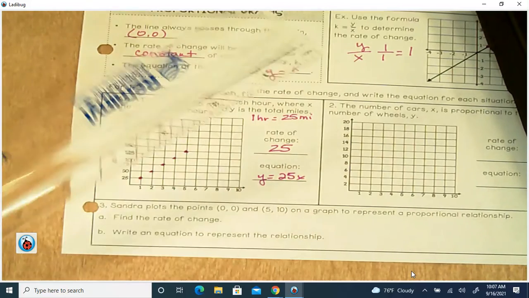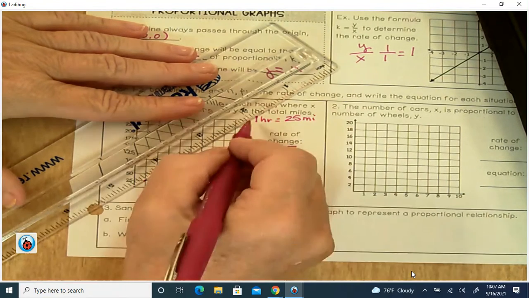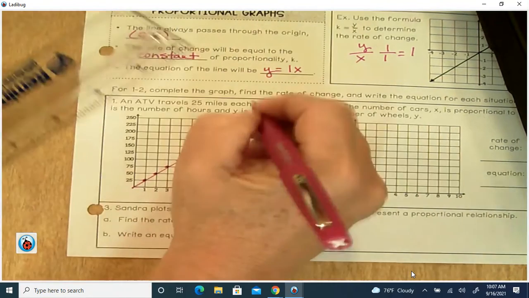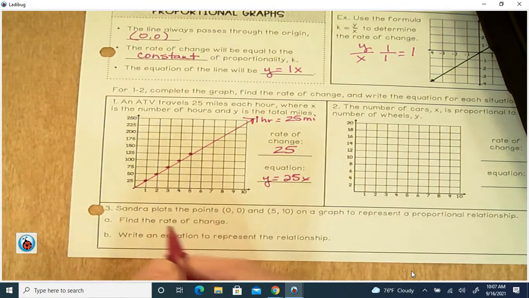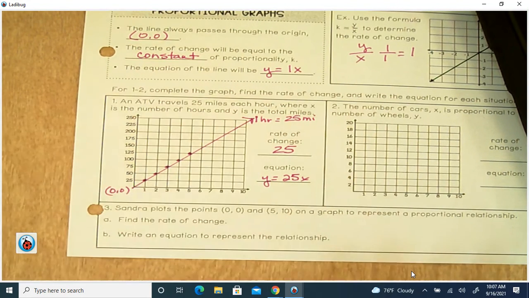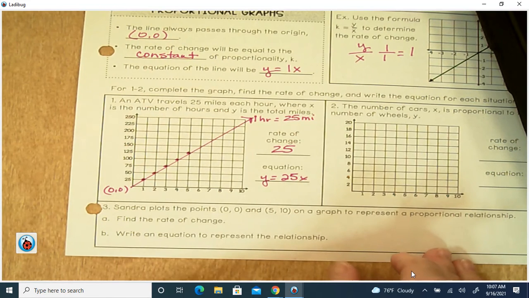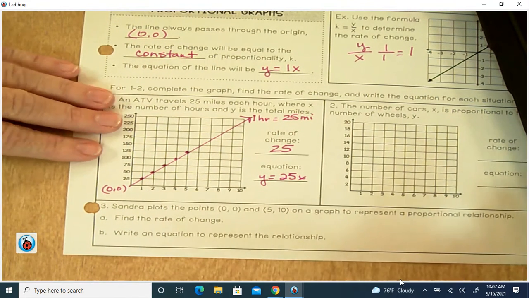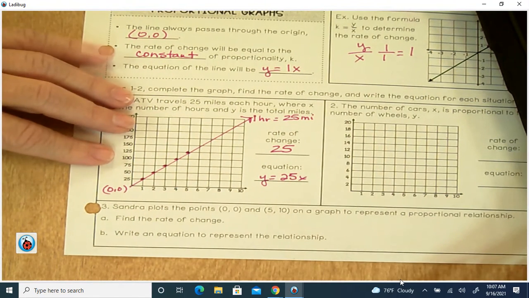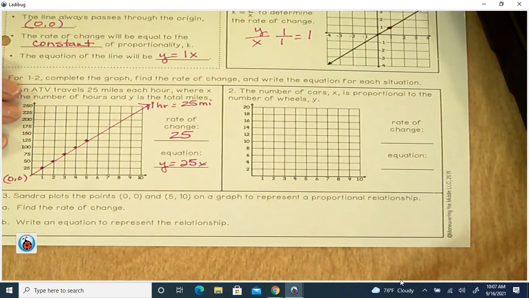And once again, it has to be a straight line going through the origin every time, and this is the origin. You might have graphs that are just this one quadrant, or you might have a whole graph, okay? All right, let's slide over here to 2.